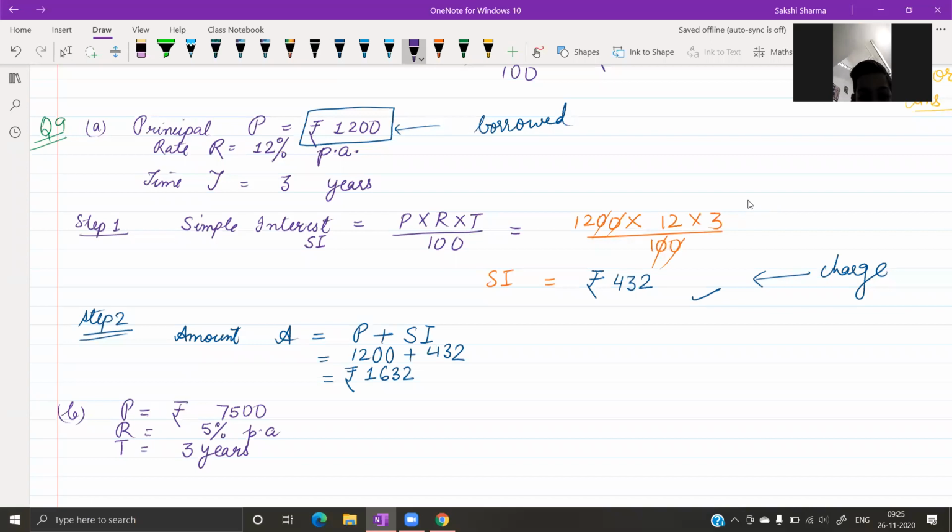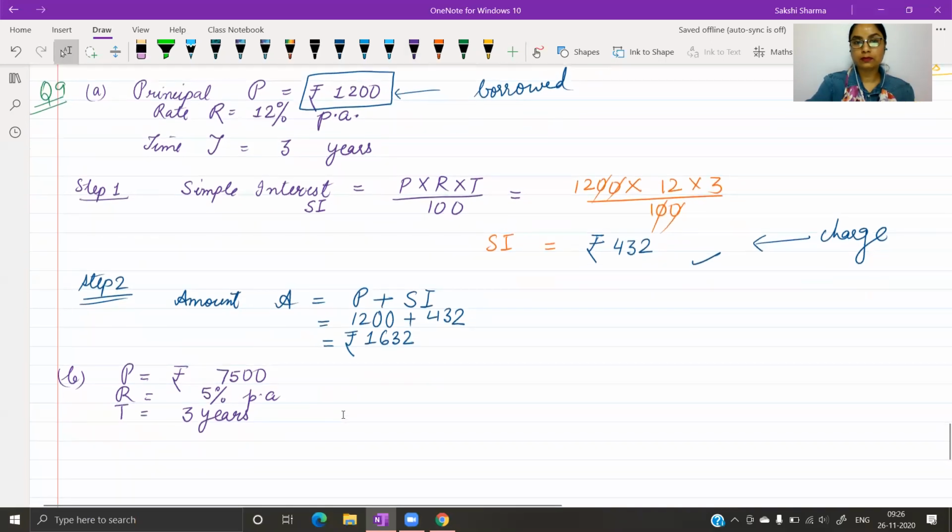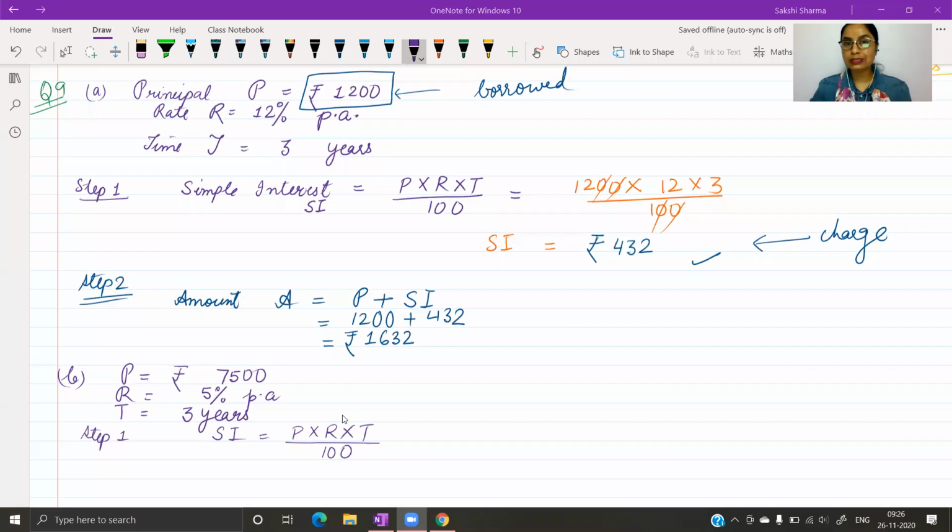Step 1 will be to find out the interest. Step 2 will be to find out the amount. Now you might have noticed this time I did not write those complete words.